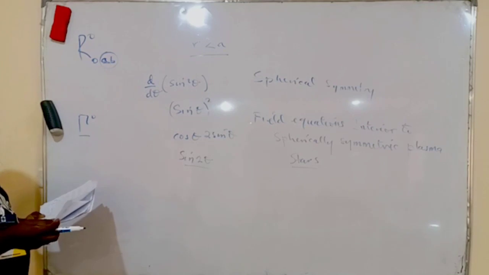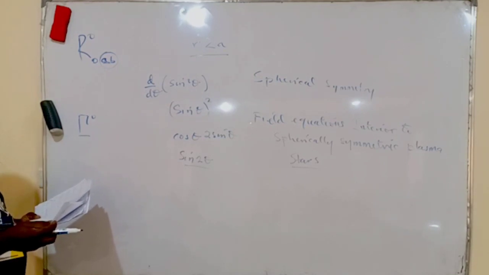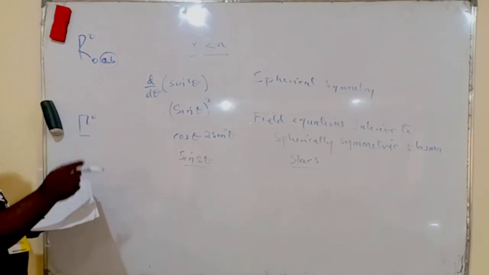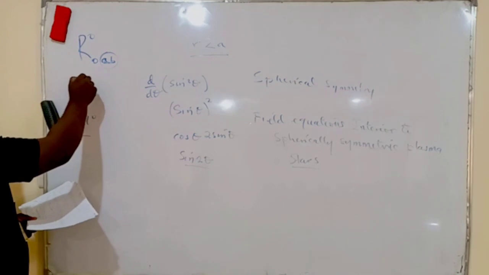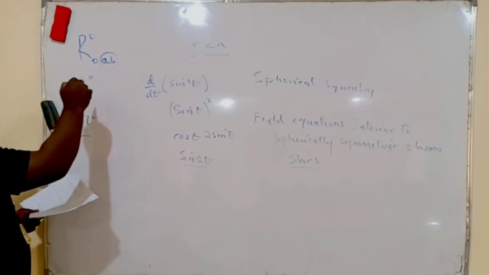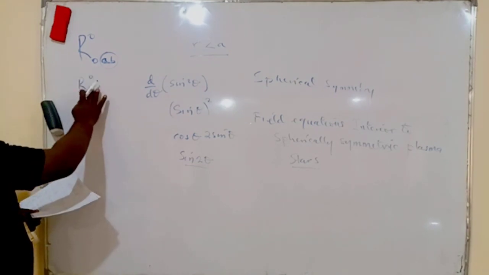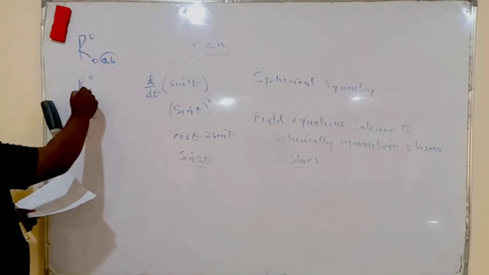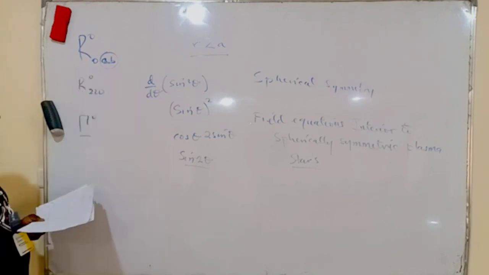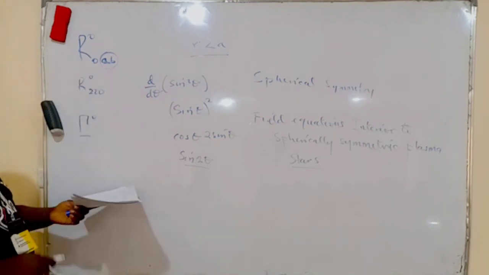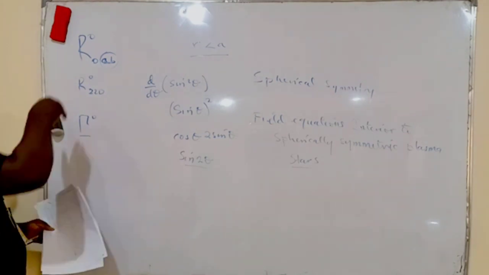So I can see R0, 0, or R0, 2, 2, 0. R0, 2, 2, 0.